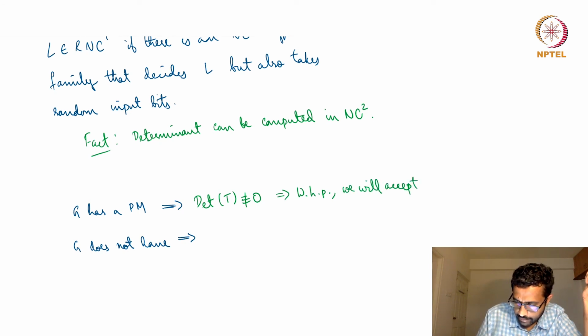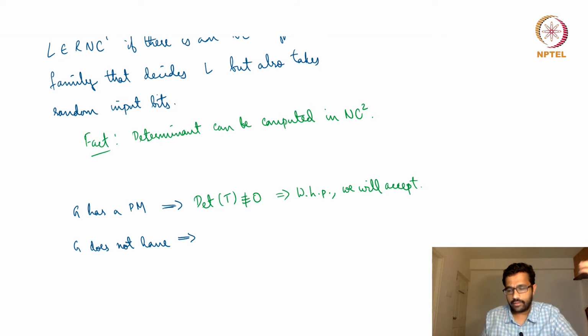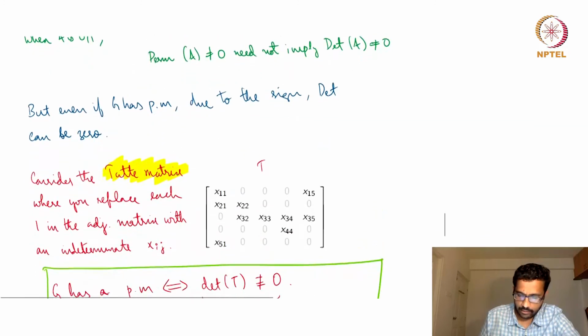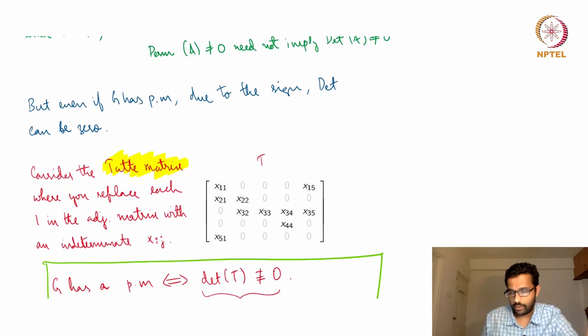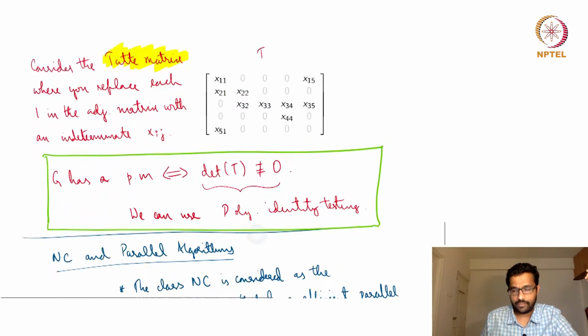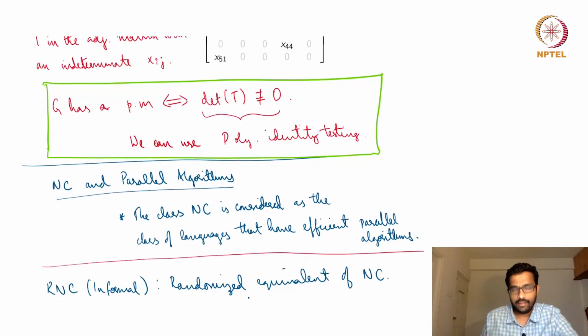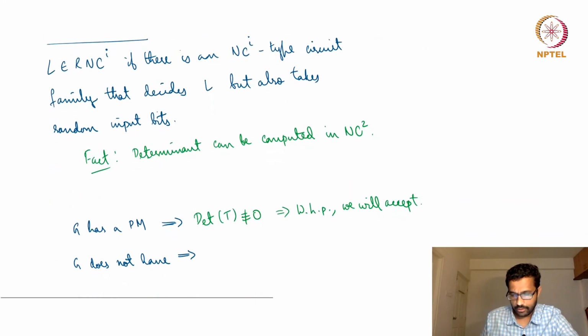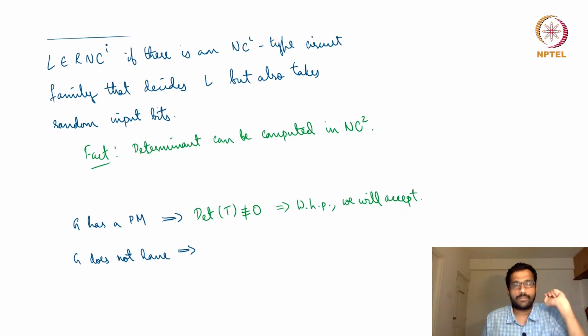So when will we accept? The polynomial identity testing algorithm will put some random values for x11, x12, etc., and then evaluate the determinant of that matrix. This is very likely to be non-zero if the polynomial is non-zero, but there is a small chance that it becomes zero. So with high probability we will accept.